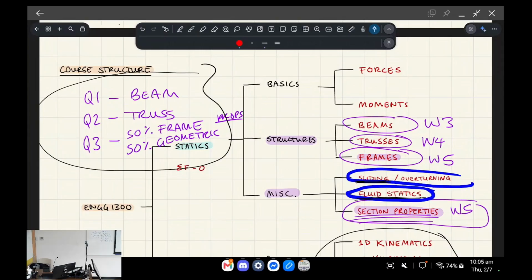So your average mark over 3 tests has to be above 40.